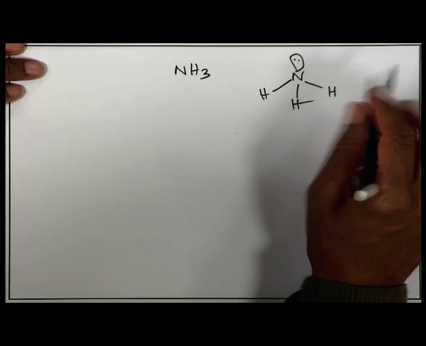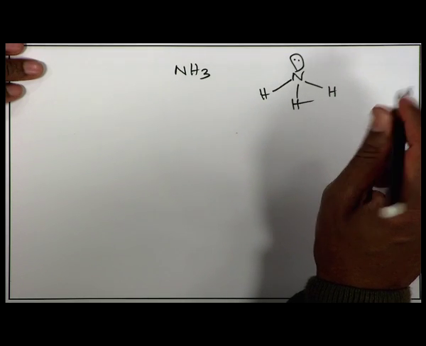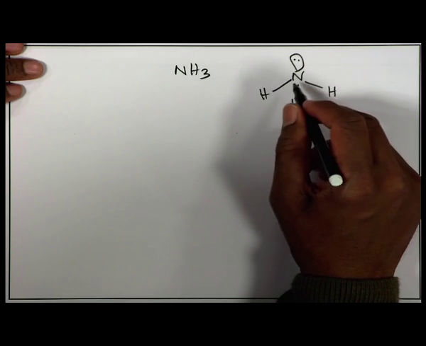Good morning. Let us continue our discussion about valence bond theory. Let us see what is the nature of the bonding in the ammonia molecule. Here you have to start with nitrogen.